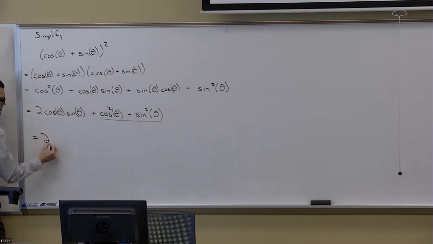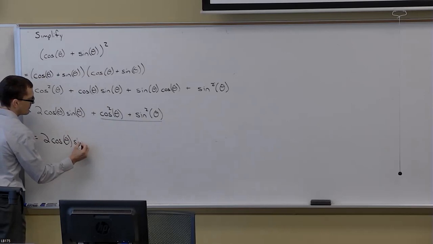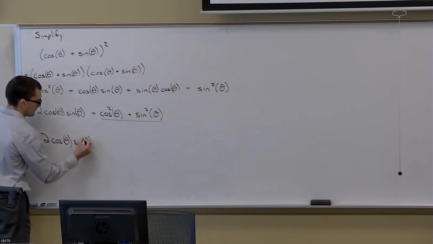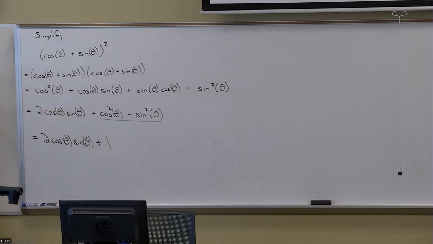So we have 2 cosine theta times sine theta plus 1. We probably cannot get simpler than that, so I'll just leave it at that.